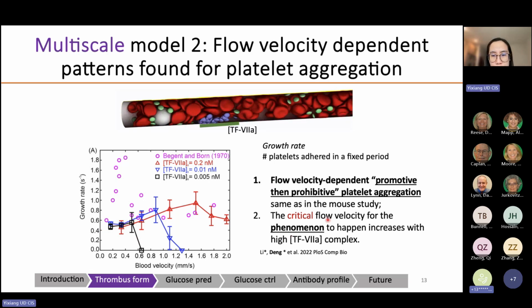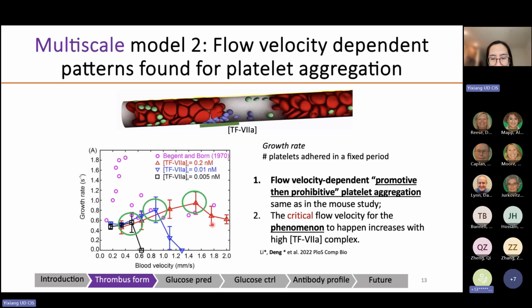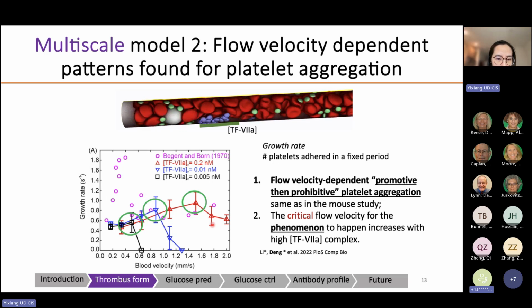Also, the critical flow velocity for the elbow point or knee point of the phenomenon, denoted by the circles for different curves in different colors, increases with higher complex concentration.